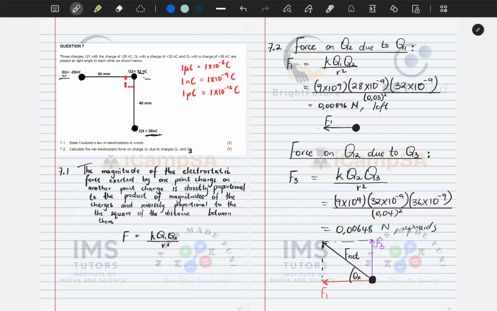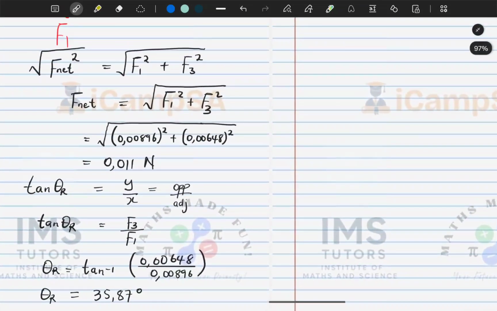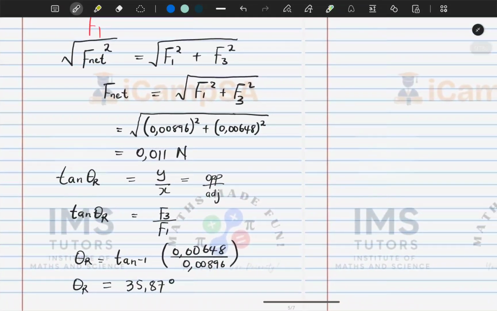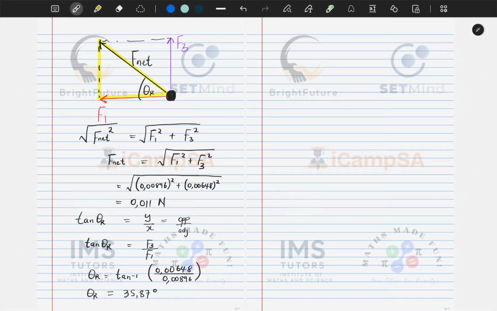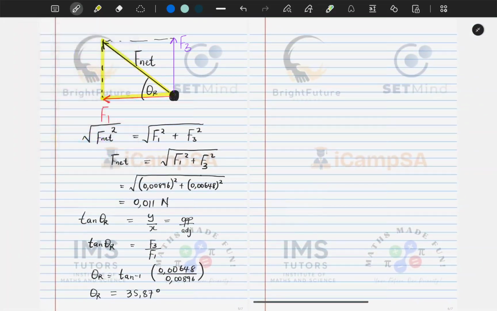And since we have the adjacent F1 and the opposite side F3, we can take the ratio of that and use tan to find angle theta r, right? So that's what you would do. So this thing is Q2, by the way. So we're just drawing the free body diagram at Q2.